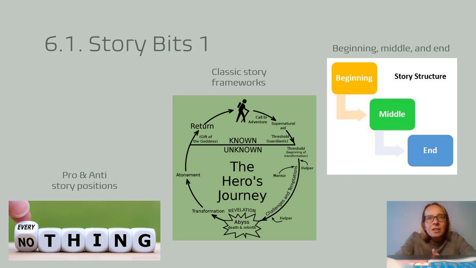This idea is that as a person, you get called to an adventure, pass a threshold, and go through challenges. You go through a part that really tests you as a character, then you transform and return back to the place where you started from. So that's a well-known way, or a model, to tell a story.